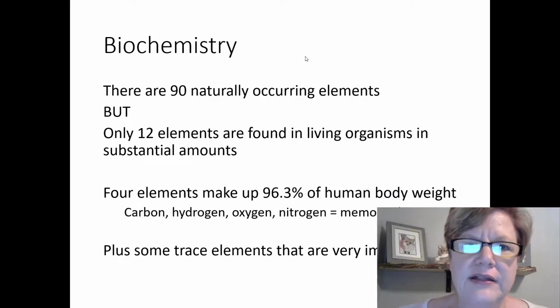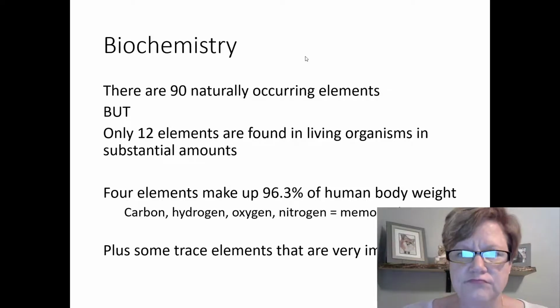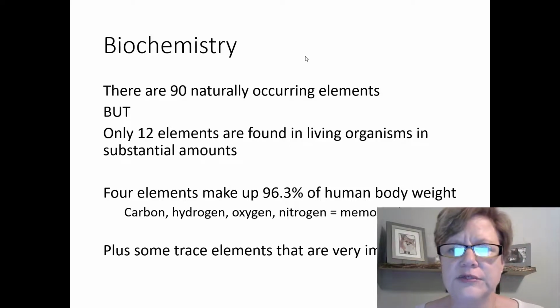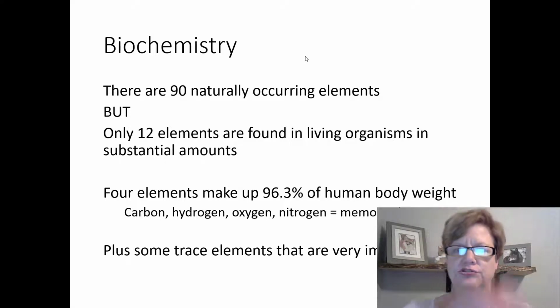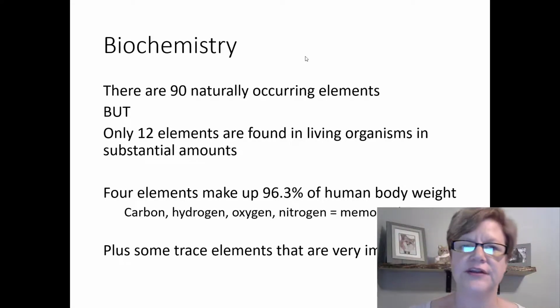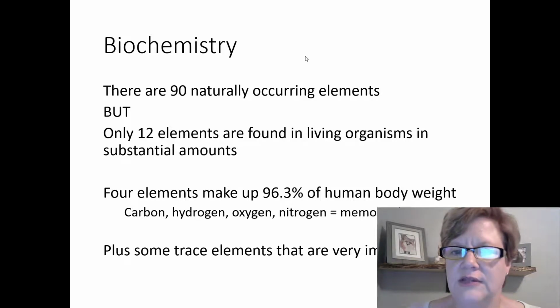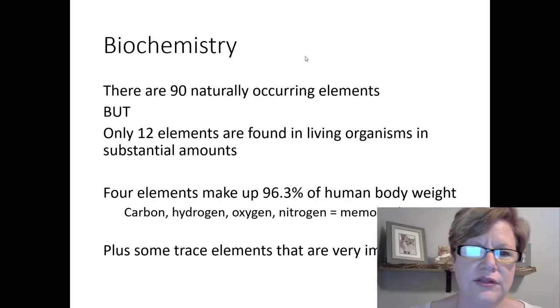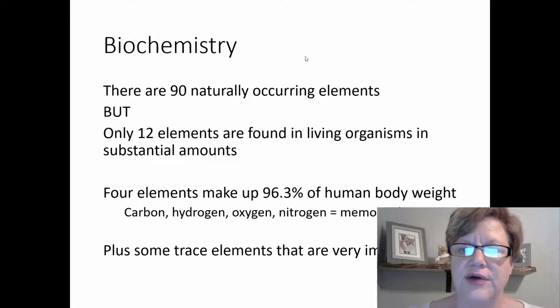Now, in biology, in biochemistry, there's really only 12 elements on that whole chart of the periodic table. There's really only 12 of those that are really important, that you would encounter often in your study of biology.